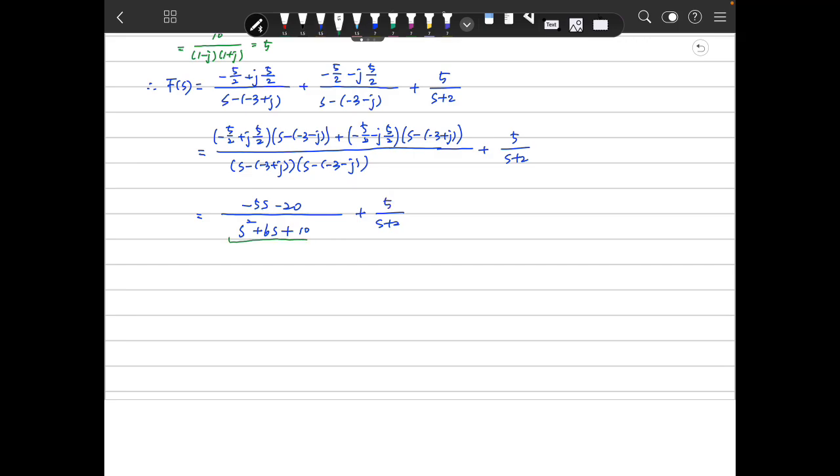Then you need to modify these terms like that. S squared plus 6s plus 9 plus 1, and minus 5s minus 20, plus s plus 2, 5. So it will be s plus 3 squared plus 1 squared, and minus 5 times s plus 3, then plus s plus 3.